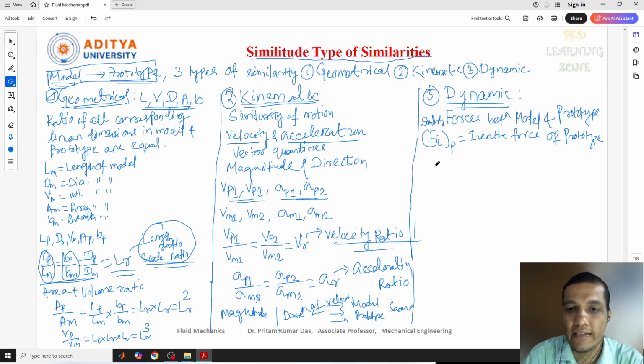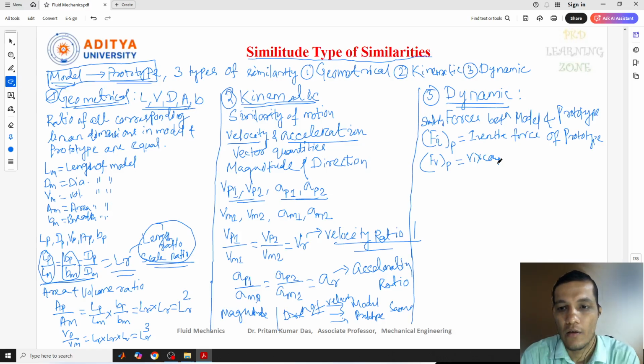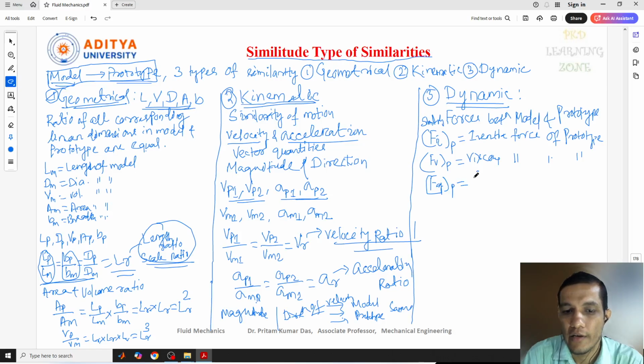Similarly, we can consider the viscous force of the prototype. Similarly, we can write another one, the force of gravity, so this is the gravity force of the prototype. This is about the prototype.